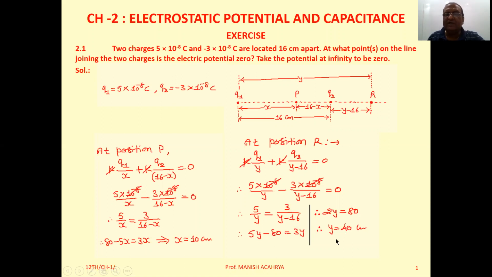Now solve this one and calculate y. You will get y as 40 centimeter. Means another point where the resultant potential is 0 is situated at a distance 40 centimeter from charge Q1, or you can say it is at 40 minus 16, means 24 centimeter from charge Q2. Clear to all of you?